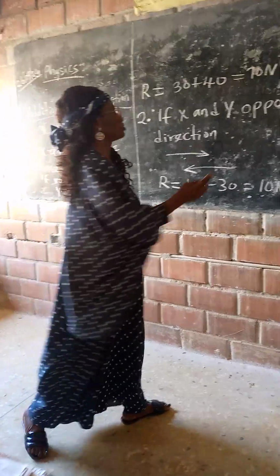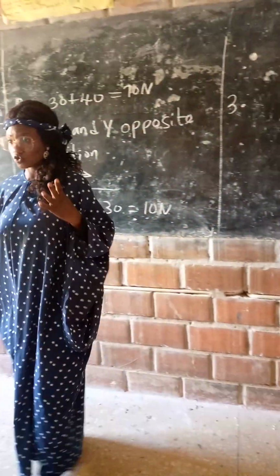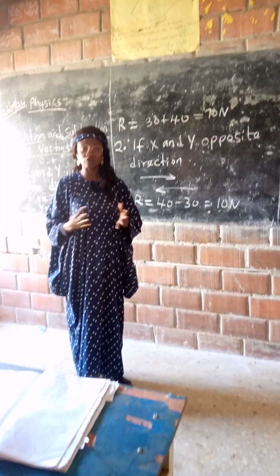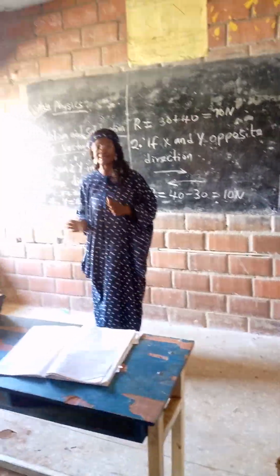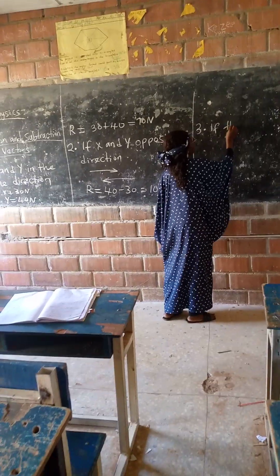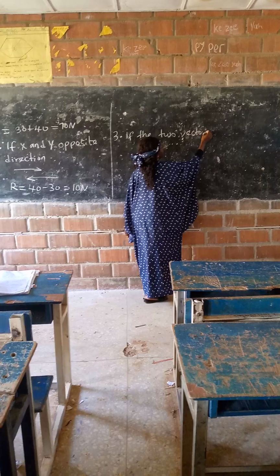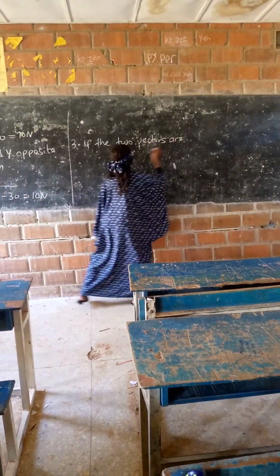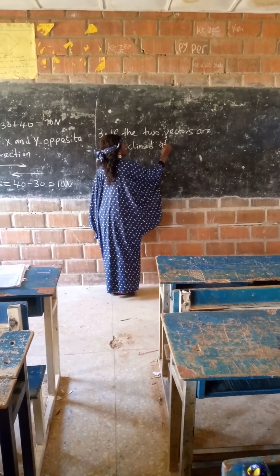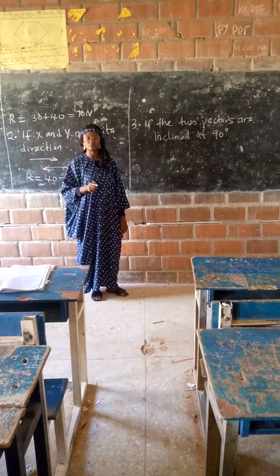Then rule number 3. If the 2 vectors, that's vector x and y, are inclined at 90 degrees, we use Pythagoras theorem.